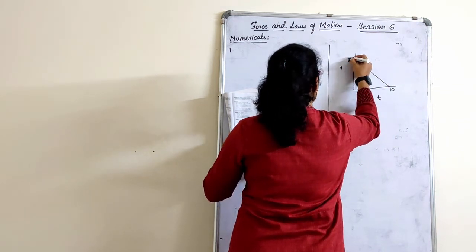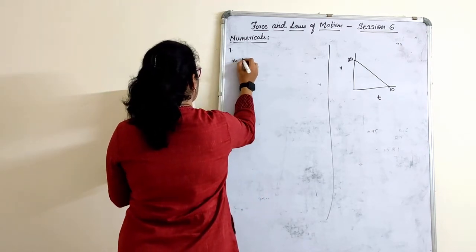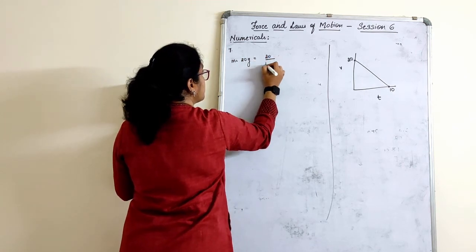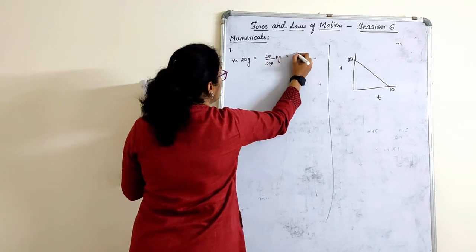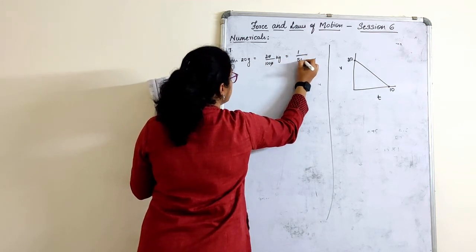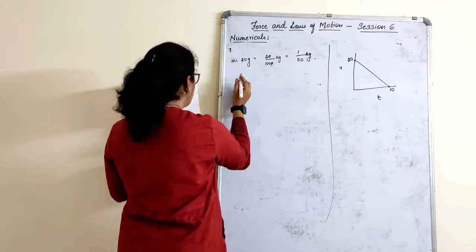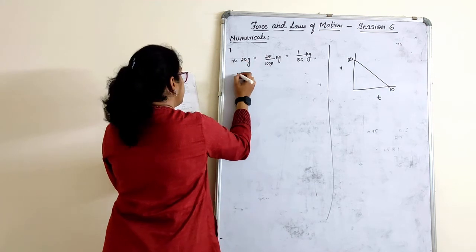Okay, the remaining you can all draw. So a ball of mass 20 grams. Convert this in terms of kg. Divide by 1000 kg. So 1 by 50 kg. I'll keep it as a fraction, easy for further calculation.